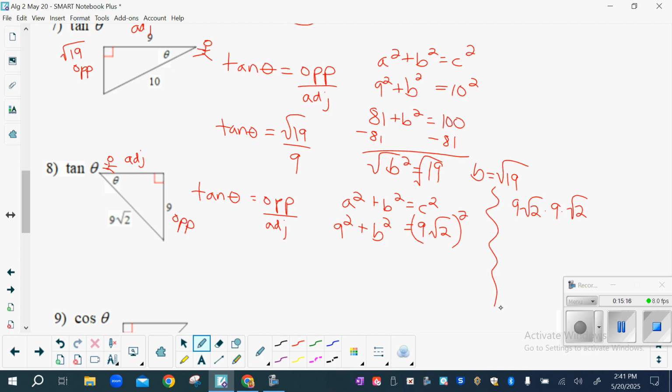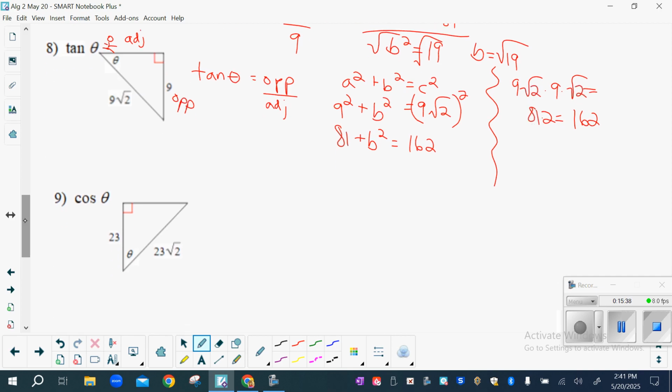Nine times 9 is 81. What's square root 2 times square root 2? 2. So 81 times 2, which is 162. So we get 81 plus b squared is 162.